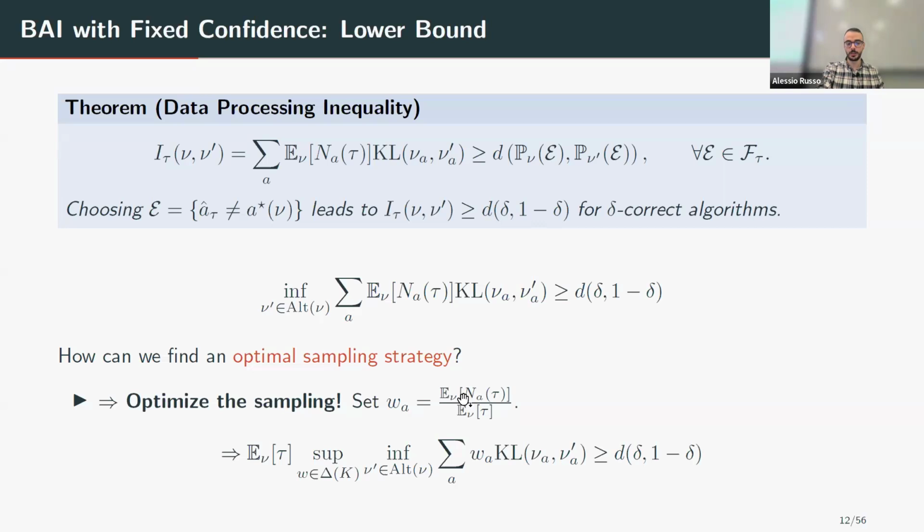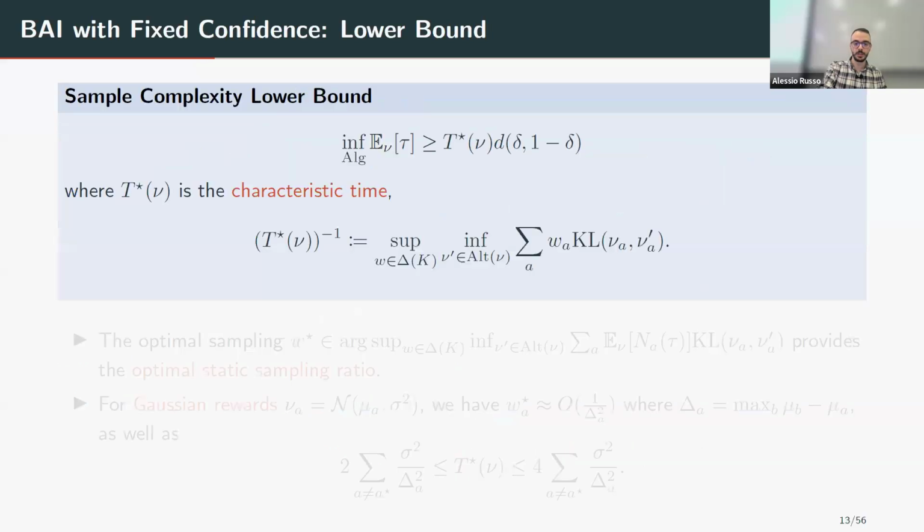And once we introduce this parameterization, this is a distribution over arms, we can simply optimize over the distribution over the actions. So we take a supremum over w that belongs to the space of distributions over K items. And this is how we derive the sample complexity lower bound.